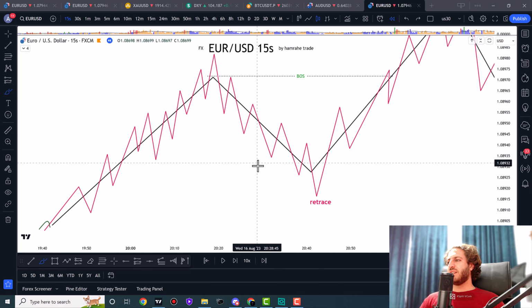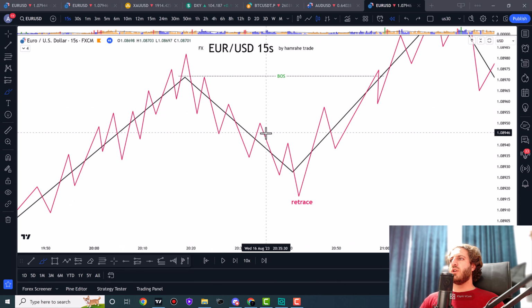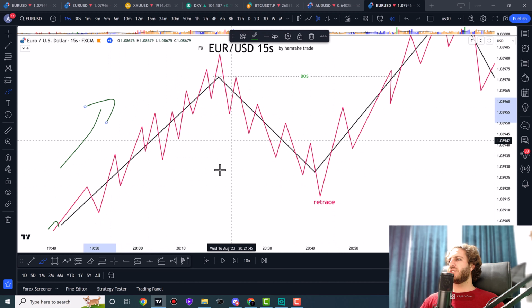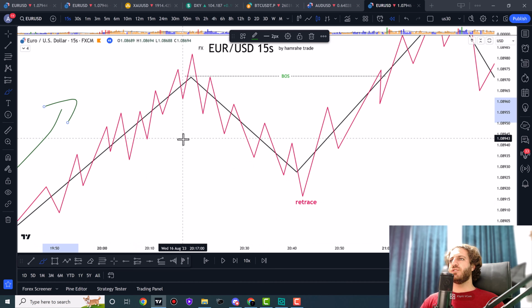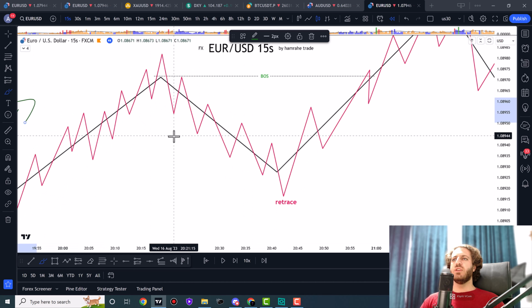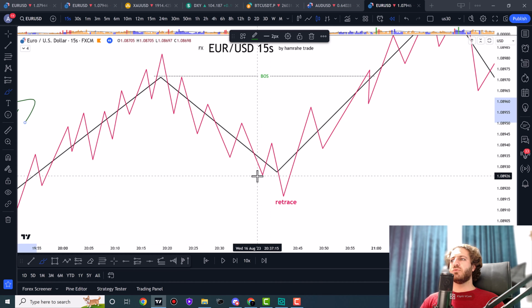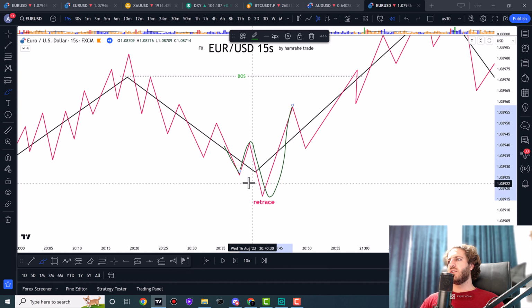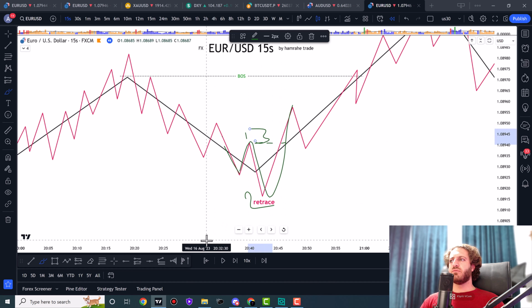We try to trade continuation setups, so we have this movement, we have our break of structure, it is the retracement of this bullish movement, so we are going to find our bullish 1, 2, 3 setup. For example, here we have 1, 2 and 3. This high, this low, and this break is our number 3.